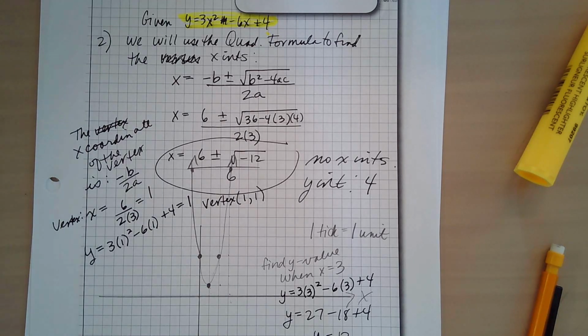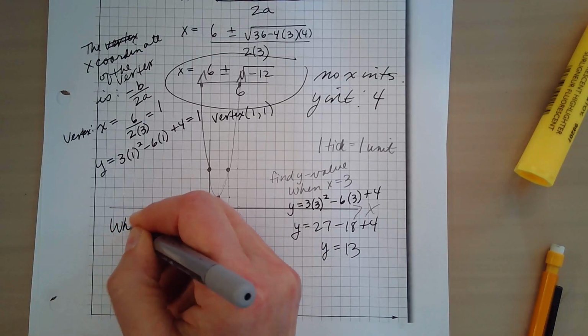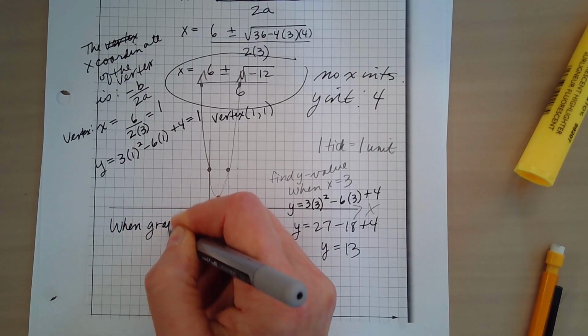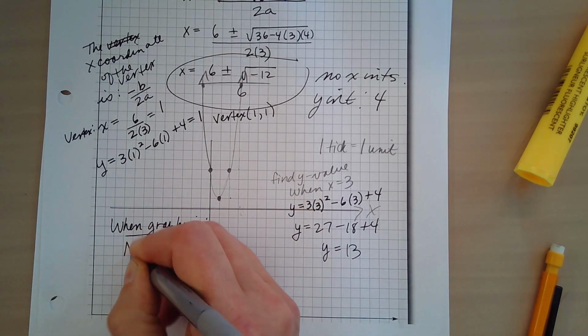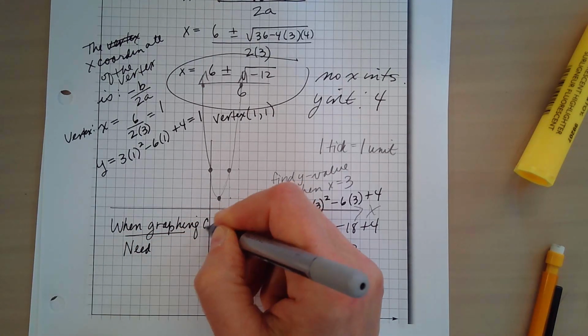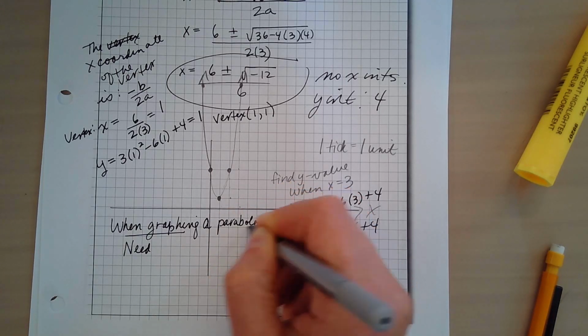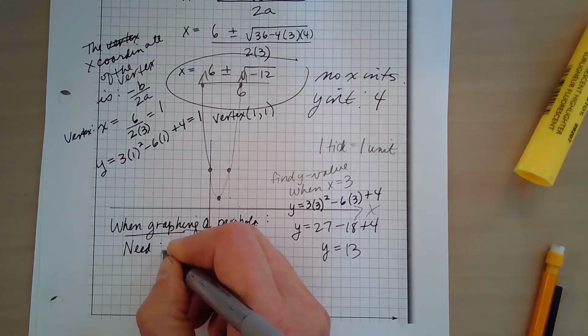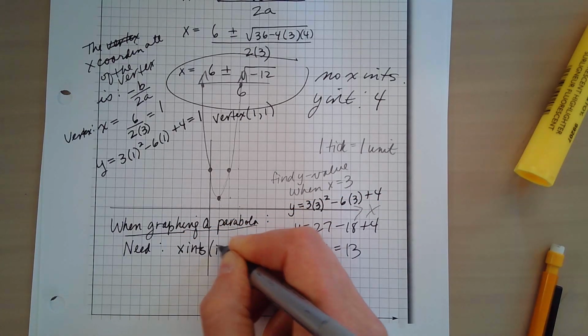When you're graphing, here's a couple little tips. When graphing a parabola, which is the shape we call a quadratic, you need x-intercepts, if there are any.